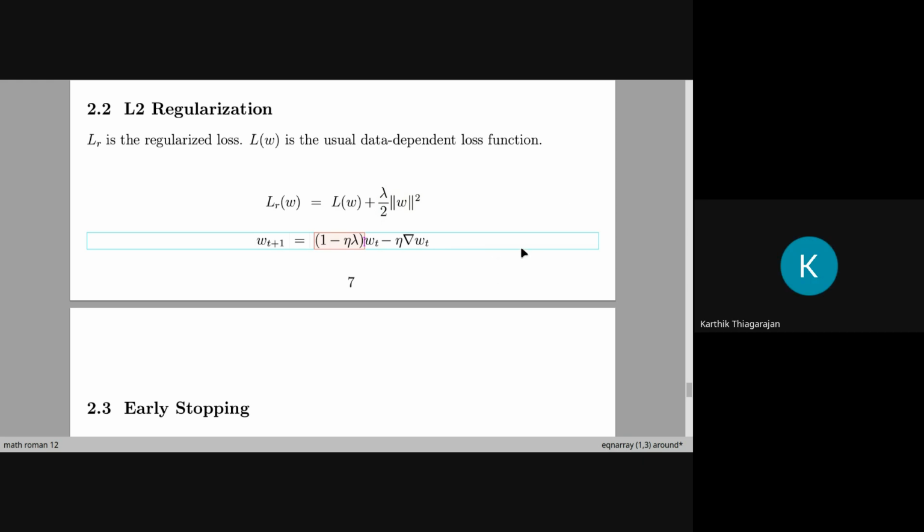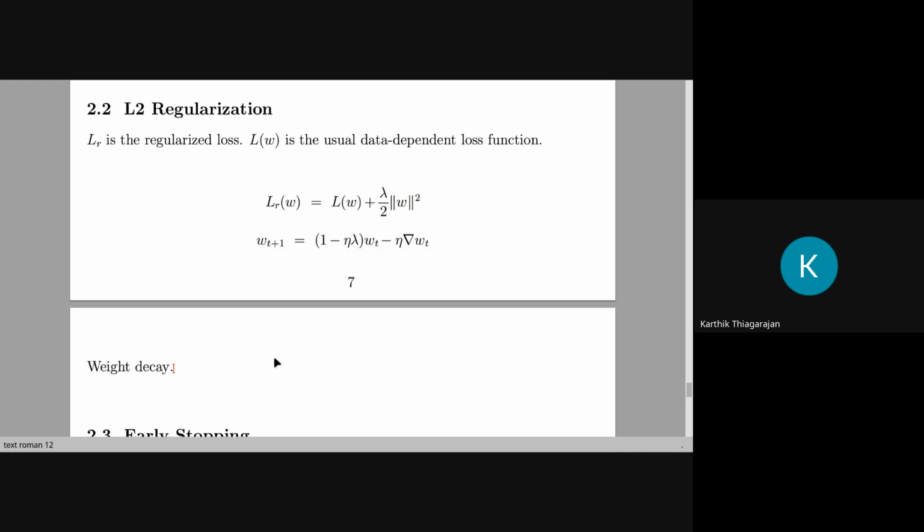So this is often called weight decay. There's another way of understanding L2 regularization, which is to think of this process where you decay the weights. Decay means you steadily keep reducing the weights by a factor. It is 1 minus eta lambda. Both are fractions, so 1 minus eta lambda is a fraction. So you're going to decrease the weights.